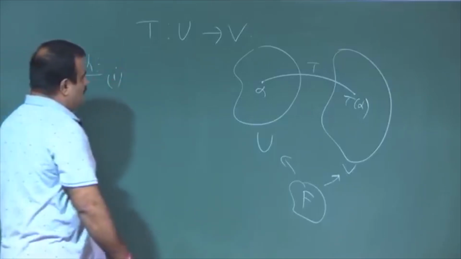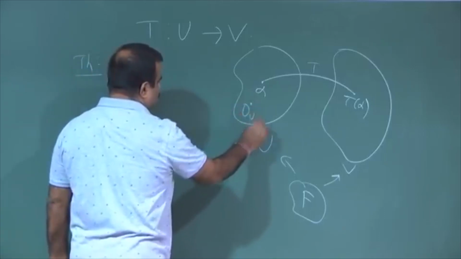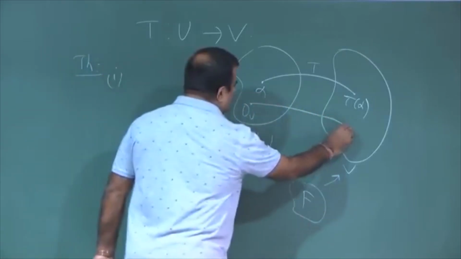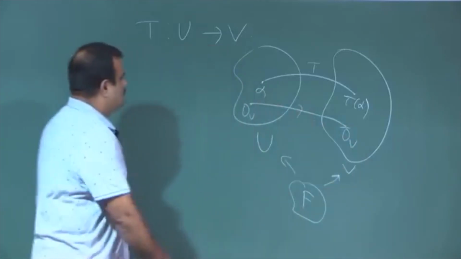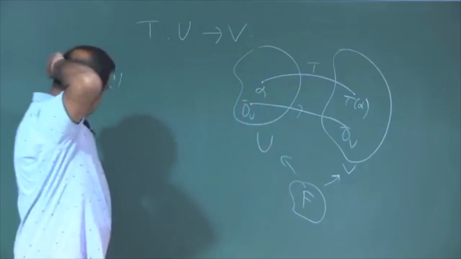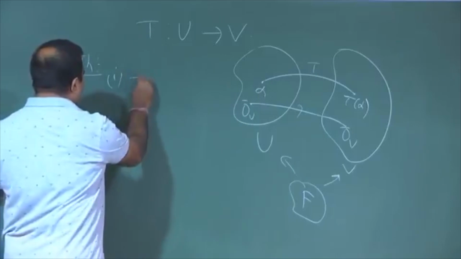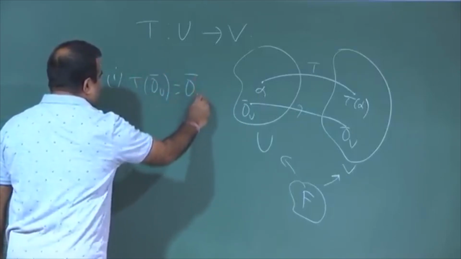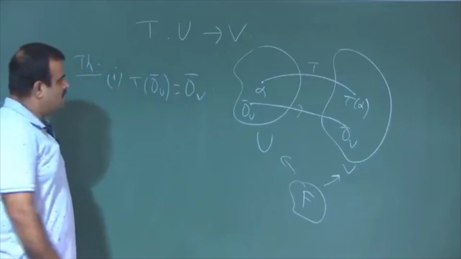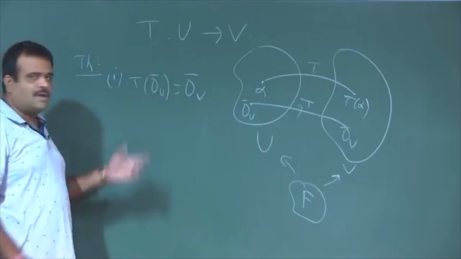One is that the zero vector of U is mapped to the zero vector of V. So, this is telling us that T of 0 of U is 0 of V. The zero vector should map to the zero vector. Okay.